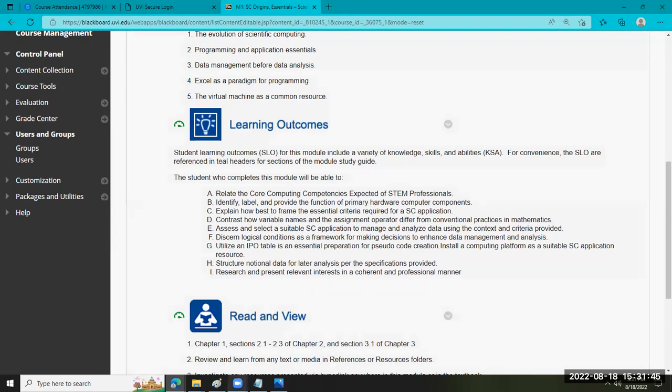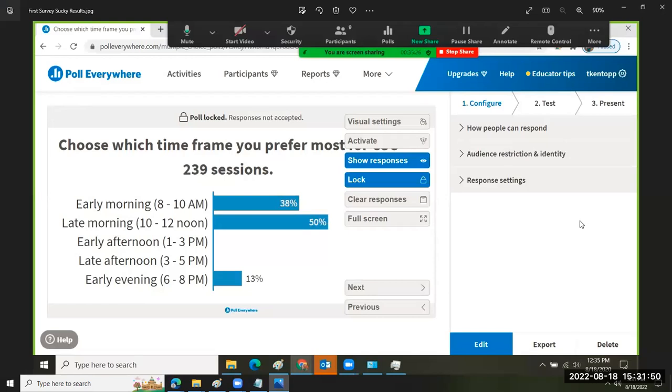So as we take a look, one of the ways I wanted to open the class was to share a survey that I had performed with your colleagues last year. One of the first sessions we had last fall, I asked students to open up their cell phones and participate in a live online survey, because last year, the only modality that the University of the Virgin Islands offered for this course was online.